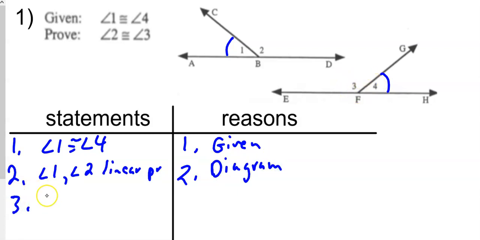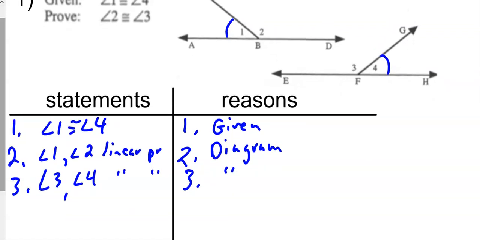We can also say the same thing about 3 and 4. I'm going to use my little ditto quotes there, and again, that's by my diagram. So how does this help us? Well, now we can say that angle 1 and angle 2 are supplementary.